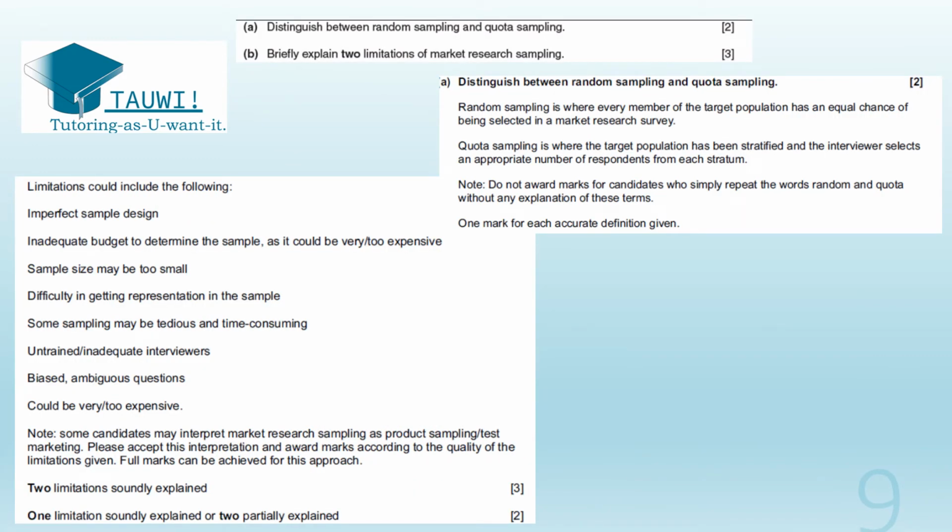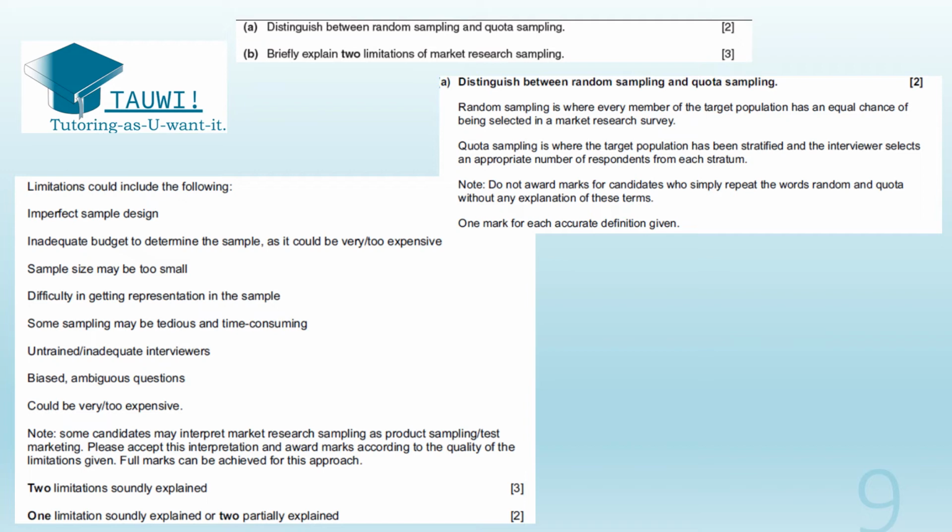And then distinguish between random and quota sampling, guys. This is a question that comes up really often. Briefly explain the limitations of market research sampling. So you're going to talk about random sampling, where any person has got the chance of being chosen for this research, and quota sampling is where we are looking at certain amounts. If we say 65 people, 65 male, the percentage of males wearing jeans is 65%, females 35%.